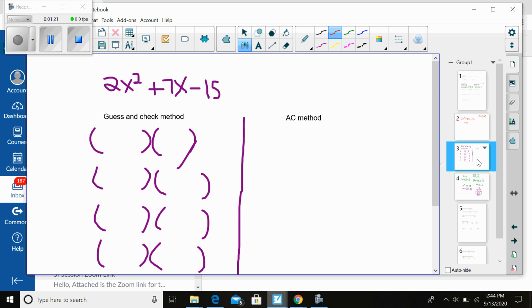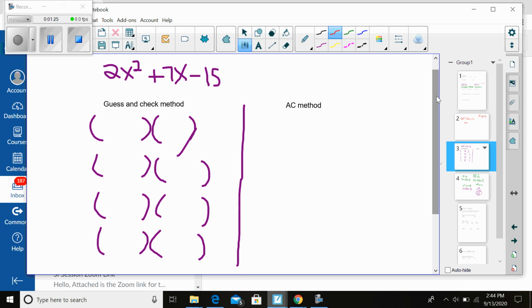There's two different methods that we're going to be looking at: the guess and check method or the AC method. Okay, so let's start with the guess and check. What you do with the guess and check is you have to look at factors of a and also factors of c.